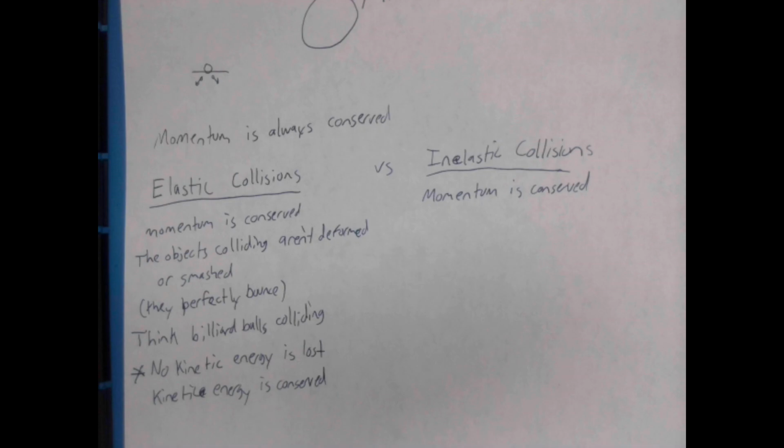Usually when kinetic energy is lost, it's due to thermal energy being created. Thermal energy is actually kinetic energy in itself. Temperature is the average kinetic energy of all the molecules. So when we say no kinetic energy is lost, we're saying that all the kinetic energy stays in the billiard balls.